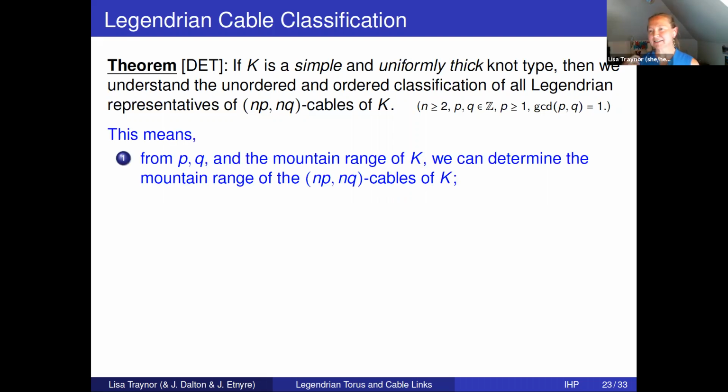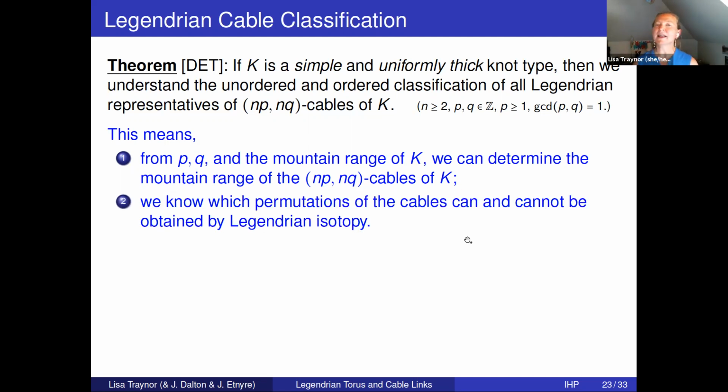It takes a lot to write that down precisely, but what it says is that from P and Q in the mountain range of K, we can determine the mountain range of the cable. Again, we know which n-tuples can be realized, and we know which permutations can and cannot be obtained by Legendrian isotopy.